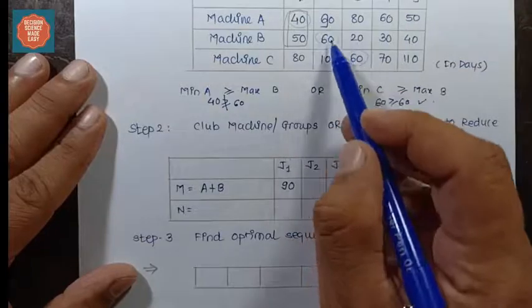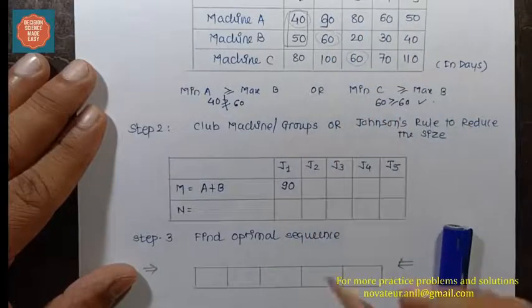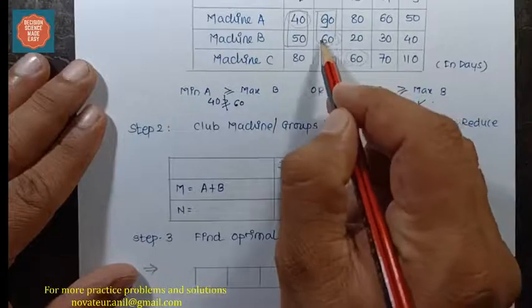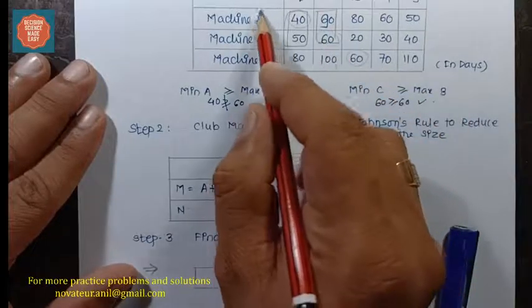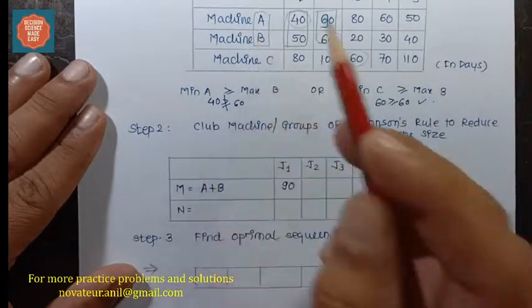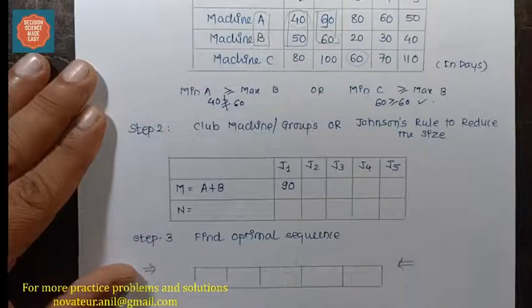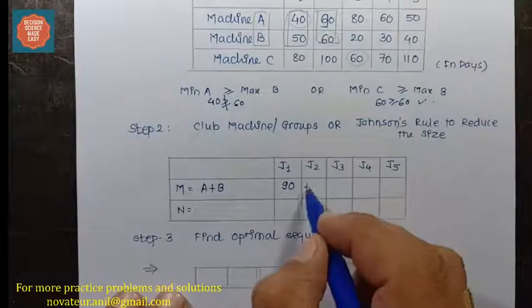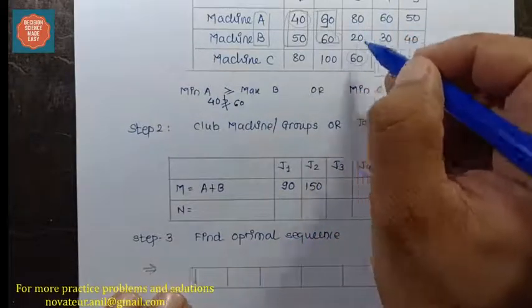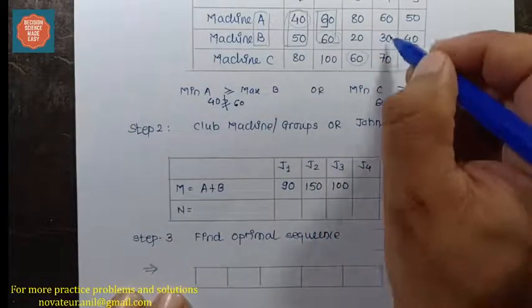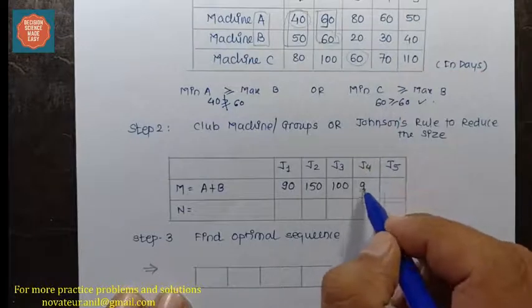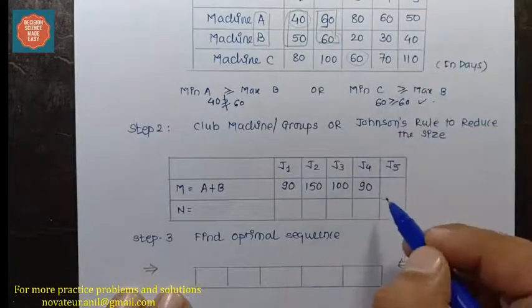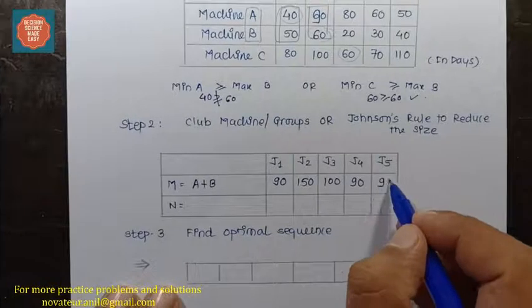Similarly, I add the A and B values for each job: 90 plus 60 is 150, 80 plus 20 is 100, 60 plus 30 is 90, and 50 plus 40 is 90.